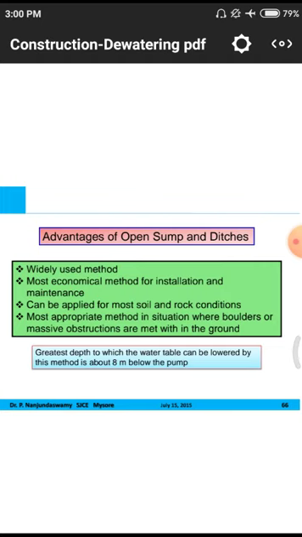If it is a soil having rock strata, we have to go for this method. Greatest depth to which water table can be lowered by this method is about 8 meters below the pump. That means if the pump is placed on a particular ground level, from that ground level down to 8 meters we can remove the total water present in the particular field. It is the advantage.